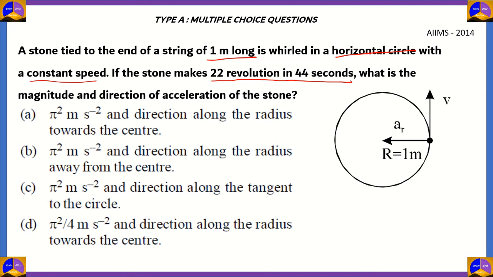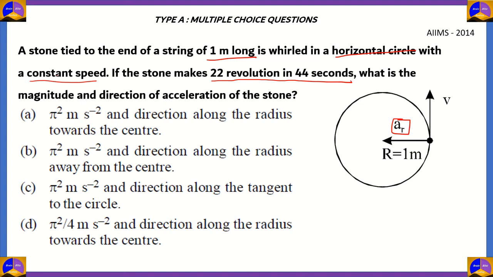So as you can see, you have a horizontal circle. The velocity is constant in magnitude, if not in direction. And you have a string which is tied to the stone, so that makes it follow a circular path. So there is already the presence of a centripetal force, so there is always a centripetal acceleration. Radial acceleration is present.